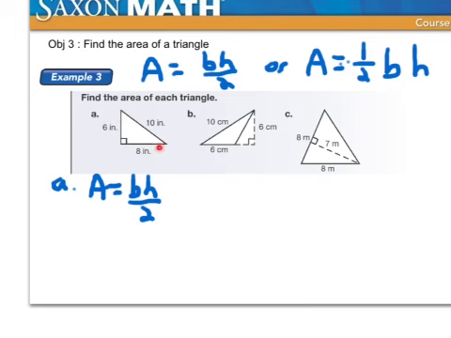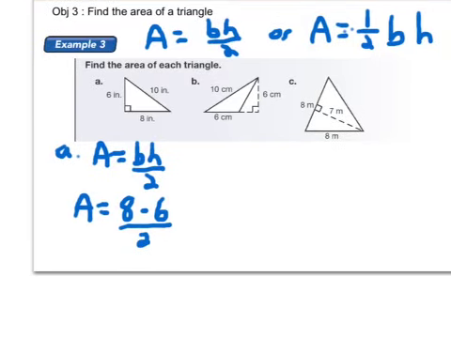Okay? Because these make a 90-degree angle together. So we got my straight up and down height and my base forming a 90-degree angle. So area equals my base is down here this time. It's 8 times my height, which is, again, the one that forms a 90-degree angle with the base, divided by 2.